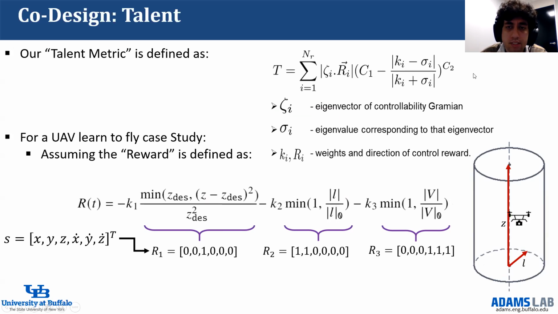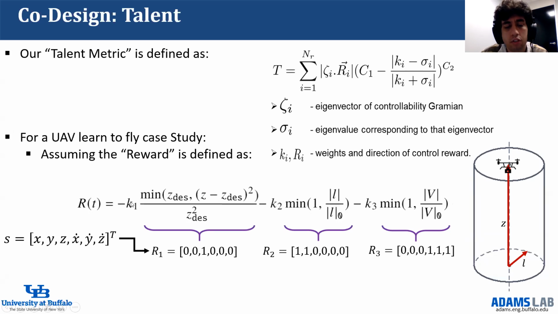So our idea was this. The most talented system is the system whose Gramian aligns the most with the reward that it wants to learn. Every system has its own Gramian, and there is a possibility for it to control some states better than others.